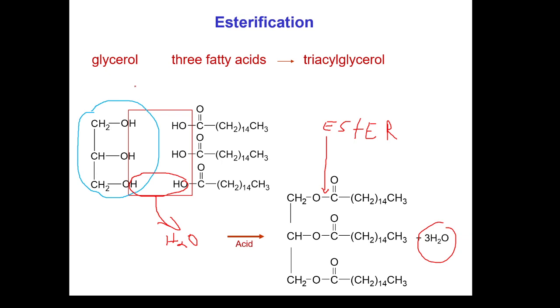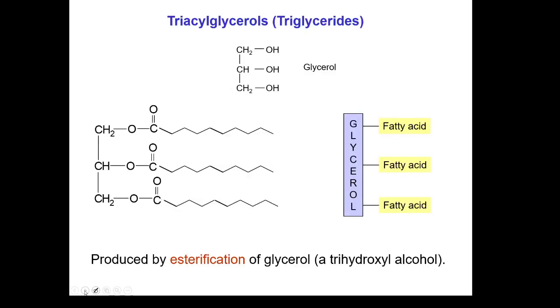We're doing the same thing, just on a bigger scale with longer carbon chains. Now the thing is, we'll store these, and when we need the energy, we'll take them and break them apart. We'll hydrolyze them. We'll reestablish the glycerol that could then store more fatty acids.